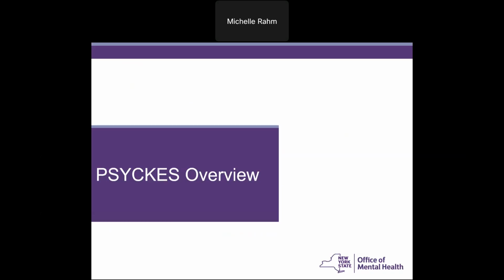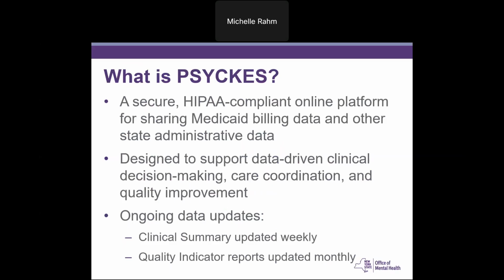All right, so we'll go ahead and get started with our PSYCKES overview. So what is PSYCKES? PSYCKES is an online web-based application that's both secure and HIPAA compliant. And the purpose of PSYCKES is for sharing Medicaid claims and encounter data along with other state administrative data. And PSYCKES does this by putting all of this data into a user-friendly format.